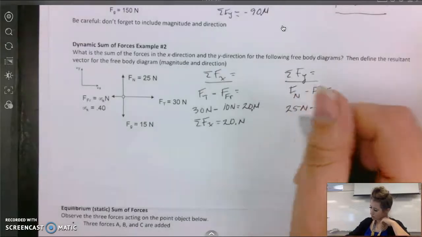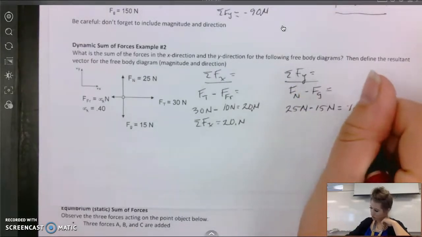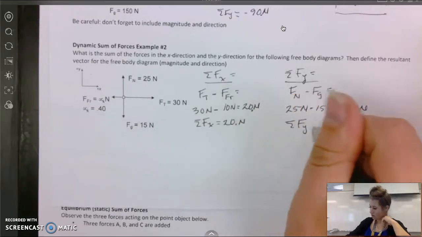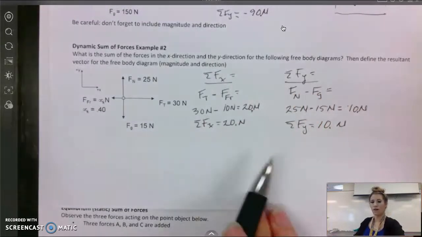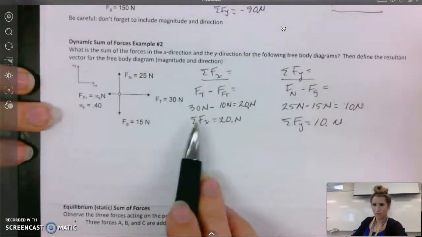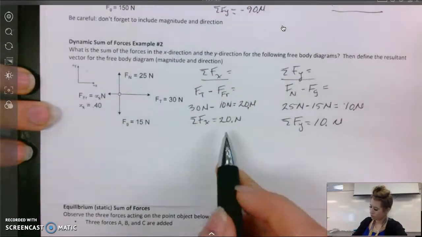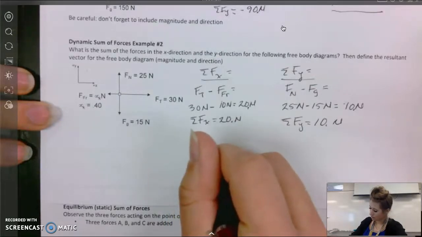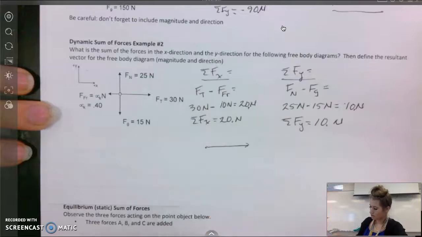And so that's sum of the forces here is equal to 10 newtons. And so sum of the forces in the y equal 10 newtons. Let's draw what this resultant or sum of the forces is. So we have a positive 20 in the x, right?